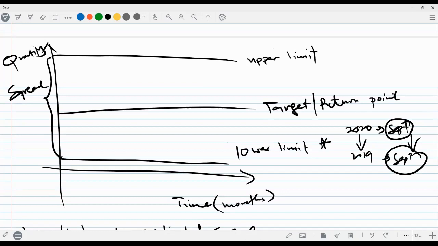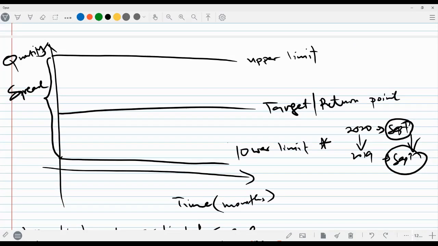It does not need to be too concerned if the cash is not at the target point, provided it is not above the upper limit and not below the lower limit. But that's what the company aims for: a target point or the return point.